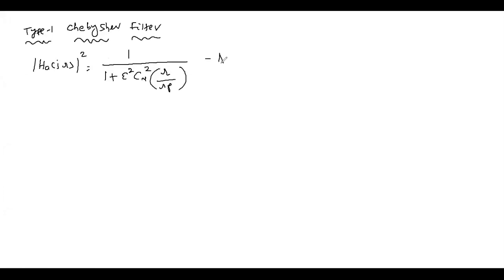So this is your magnitude square of the type 1 Chebyshev filter, like your Butterworth filter.